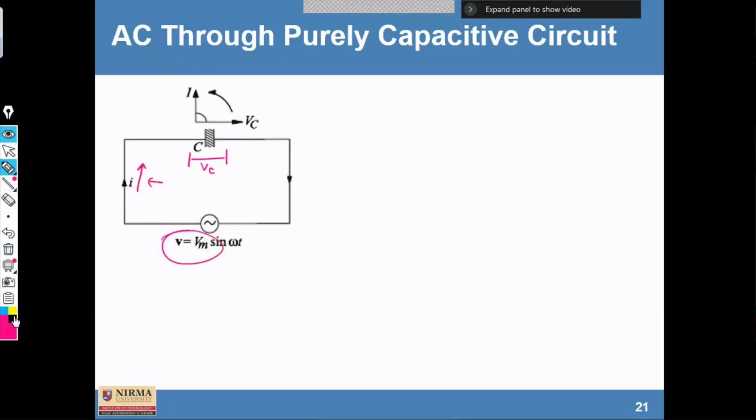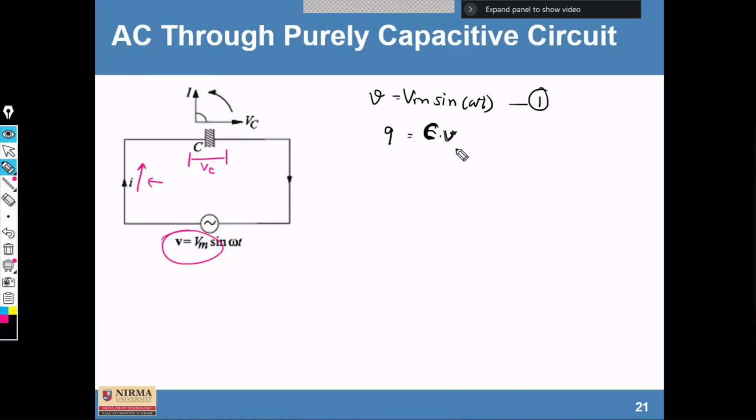The voltage equation is V equals Vm sine omega t, and we know the basic fundamentals of a capacitor and its equations. Another very familiar equation is the charge Q equals C into V, where C is the capacitance and V is the potential difference.